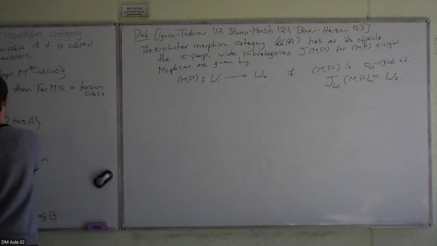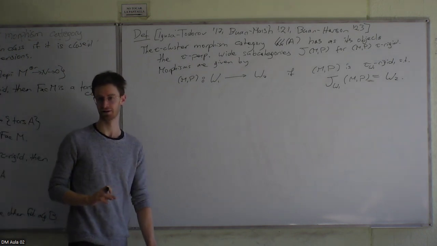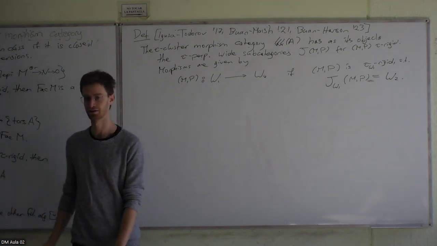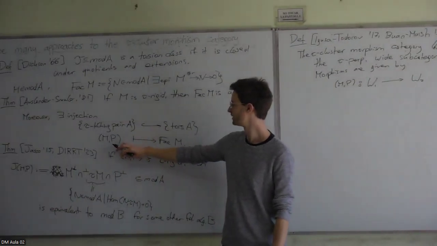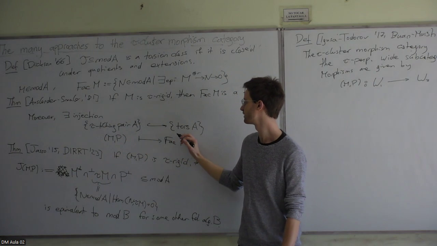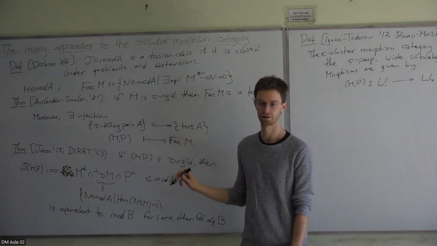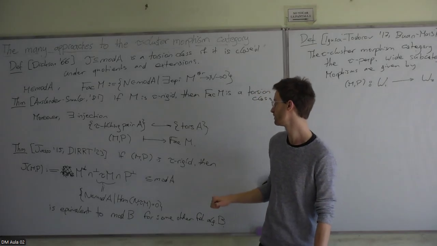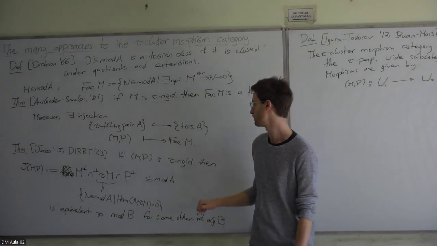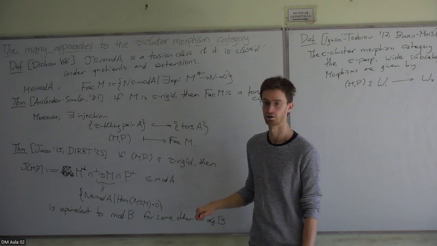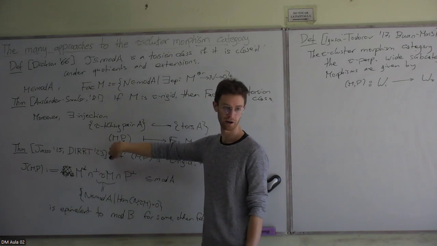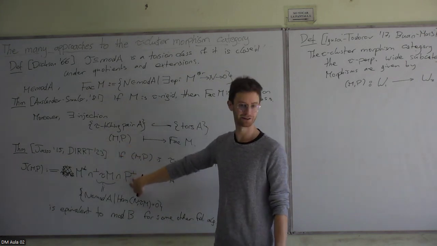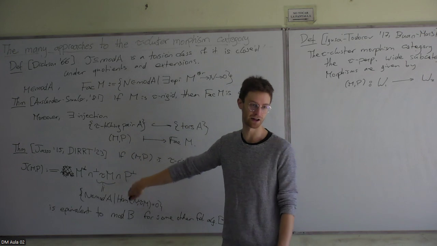Small comment: even if you have this injection of tau rigid pairs to torsion classes, for these perpendicular categories this is far from being an injection. You can take two different tau rigid pairs, but they might define the same wide subcategory.